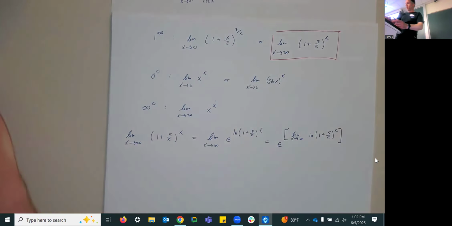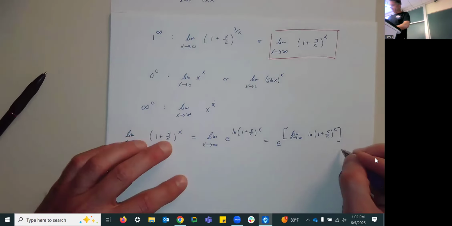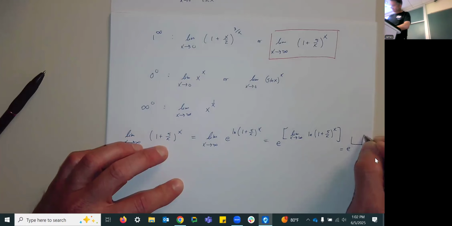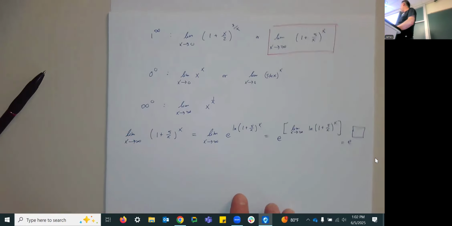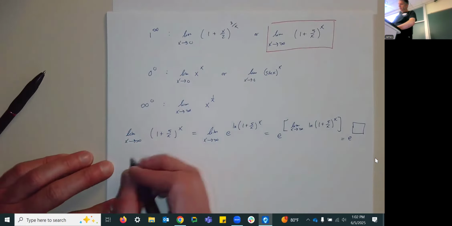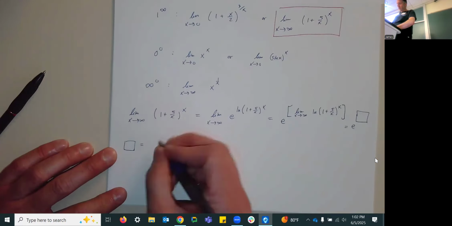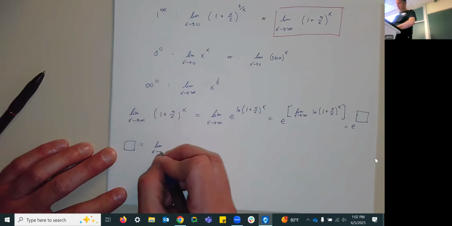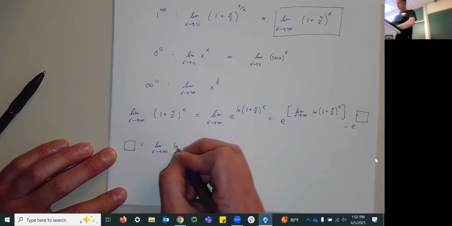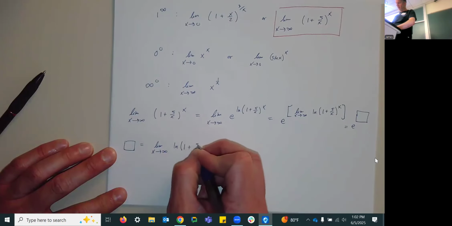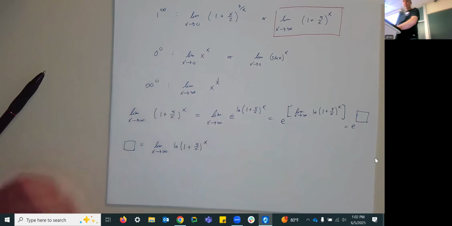And then we're just going to look at the part in brackets. So whatever's in the brackets there, we're going to fill it back in up there. So our empty square is equal to the limit as x goes to infinity of the natural log of 1 plus 5 over x to the x.